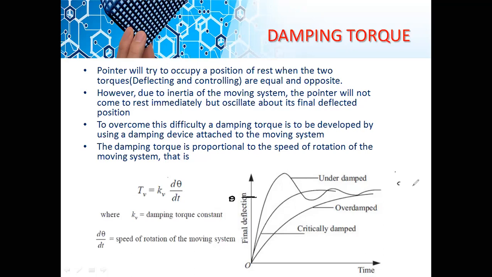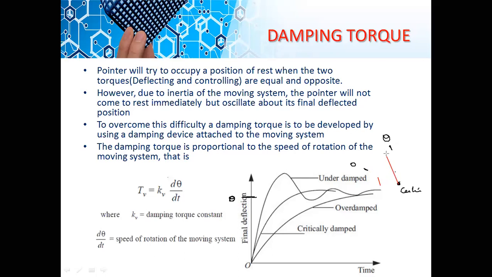so this is our center, this is 0, and this is theta, say, where our pointer should stop. Now the pointer was initially at 0. Now I have applied some signal to the measuring instrument, so deflecting torque will act on it, so the pointer should be moving.